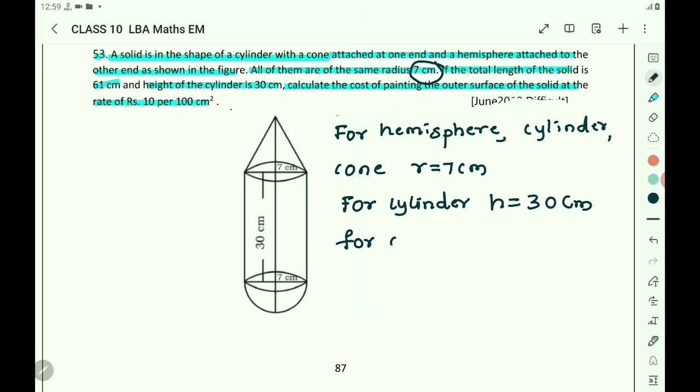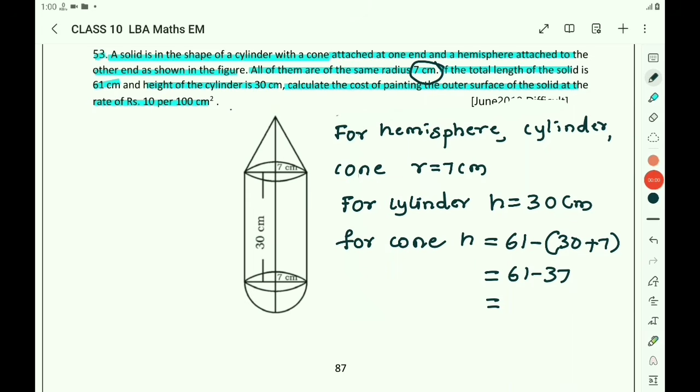Then for cone h equals, here total height is 61 centimeter, 61 minus height of the cylinder and radius of the hemisphere, 30 plus 7. 61 minus 37 is 24 centimeter. That is height of the cone.